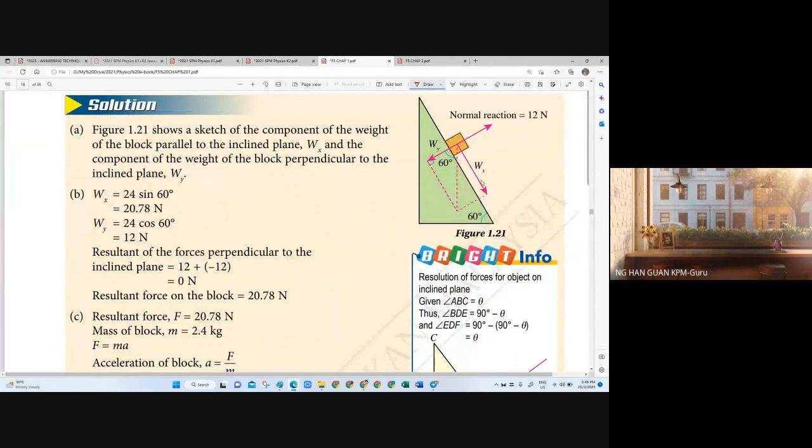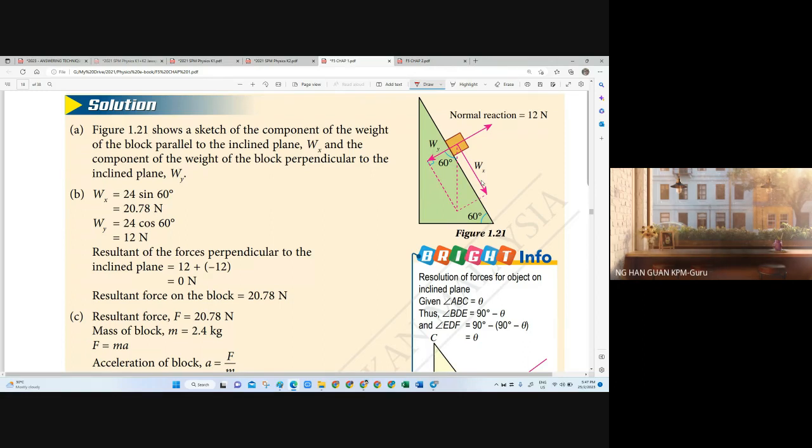Remember, no matter whether the object is on the horizontal surface or on the inclined surface, it will always experience the vertical downward weight. Only when the object is exactly on the horizontal surface, the weight doesn't affect the motion of the object moving in the horizontal, just like the trolley just now.